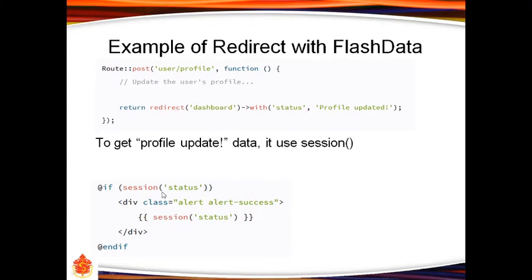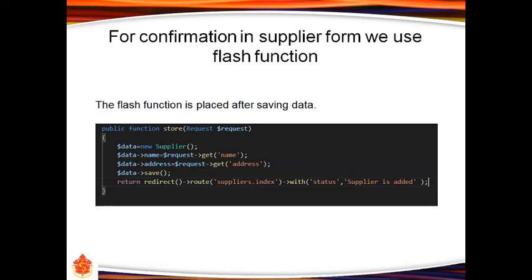We can use this one for confirmation and showing the list of suppliers. We will put the flash function and redirect to suppliers index. For example, we create a status that supplier is added.